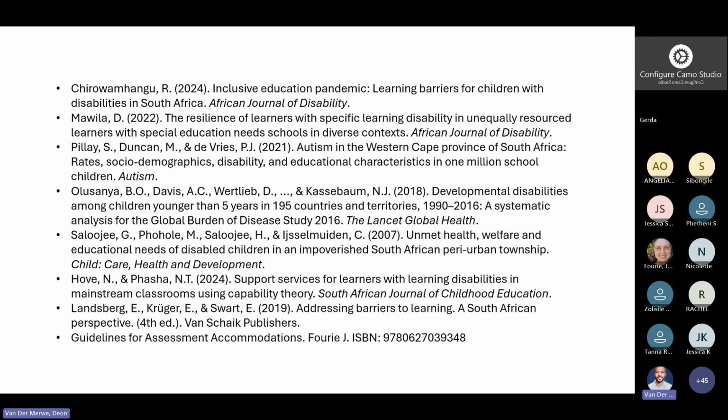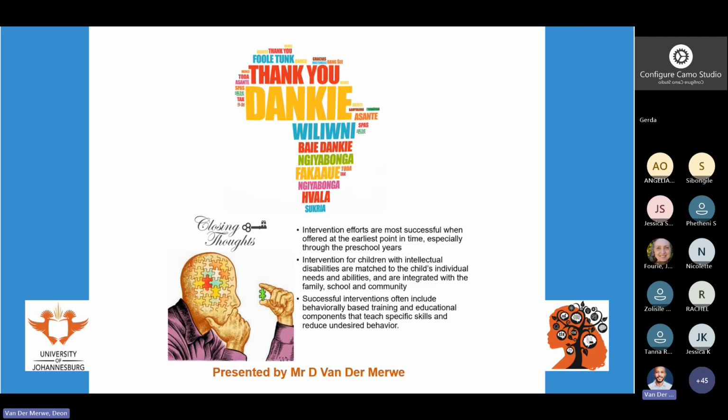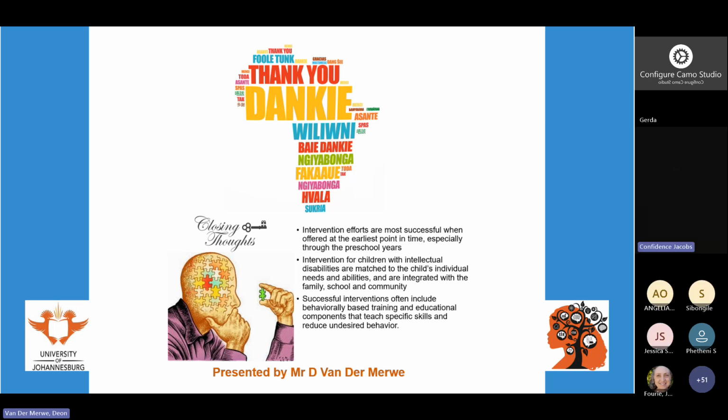These are just references that you can perhaps go and read, which have informed today's talk. I just want to close by saying that intervention efforts are more successful when offered at the earliest point in time, especially through the preschool years. Intervention for children with intellectual disability should be matched to the child's individual needs and abilities, and integrated with the family, school and community.